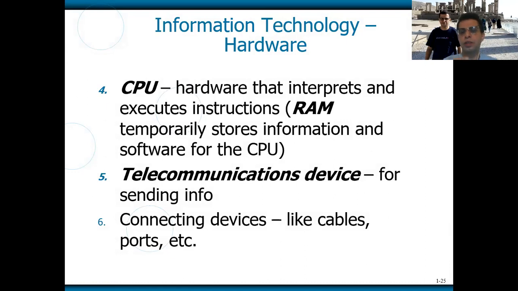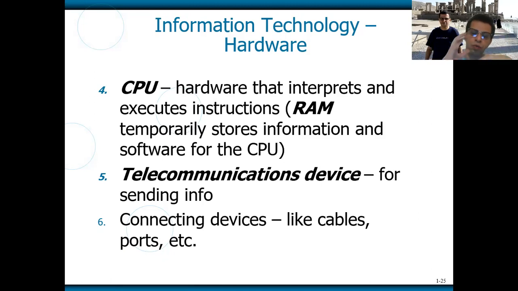Within the hardware, there is something called the CPU, which is the hardware that interprets and executes instructions. And RAM, or random access memory, is temporary storage of information and software for the CPU. So these are the two main parts of the hardware: the CPU interprets and executes an instruction when you send it, and RAM holds all the startup tools for the application.